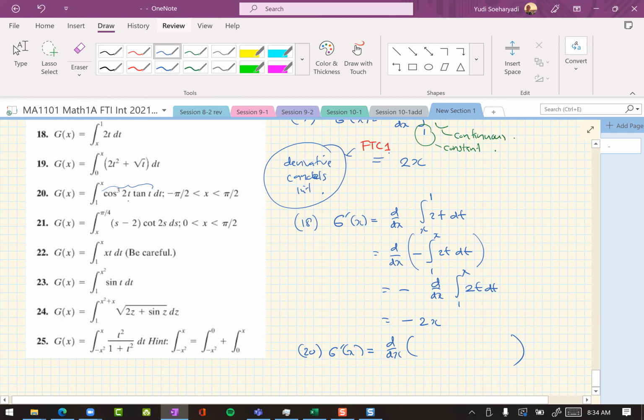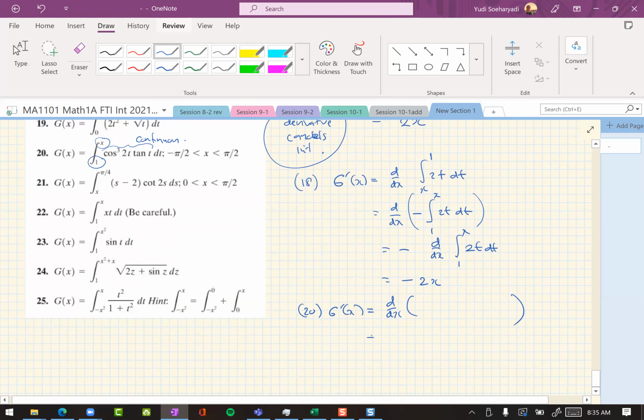Cosine 2t is continuous. You cube the continuous function, it remains continuous. Multiply by tangent, which is continuous. So it is a continuous function. And here, the lower bound is a constant, and the upper bound x is the variable.